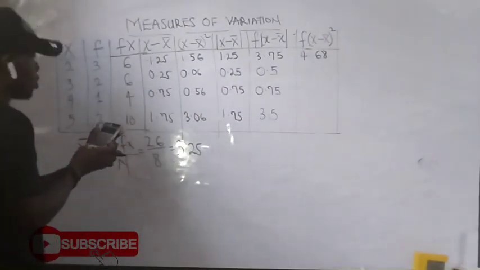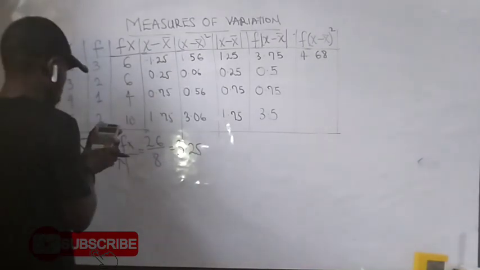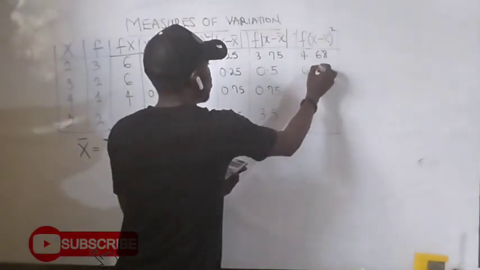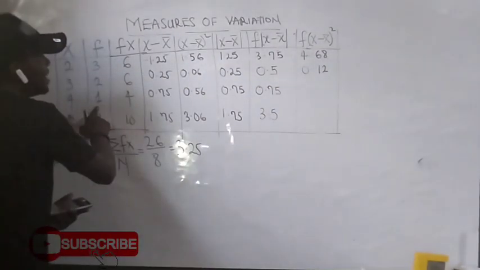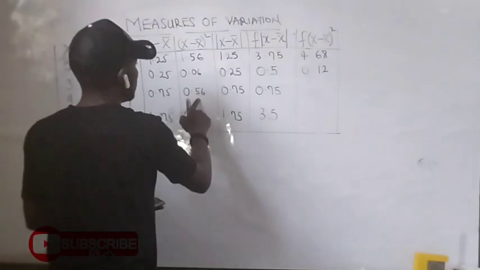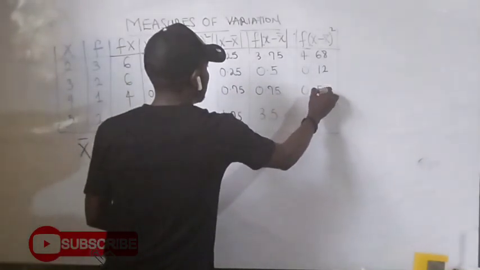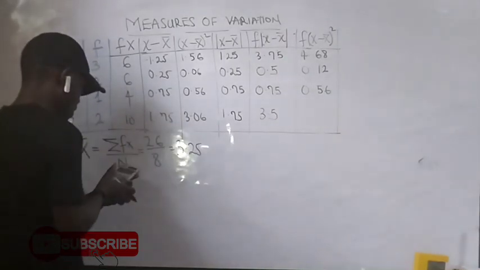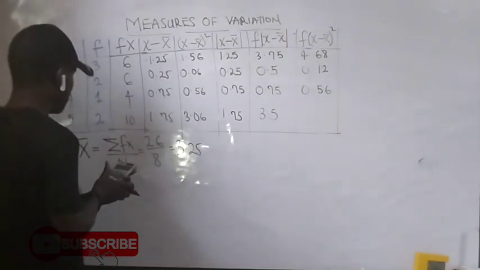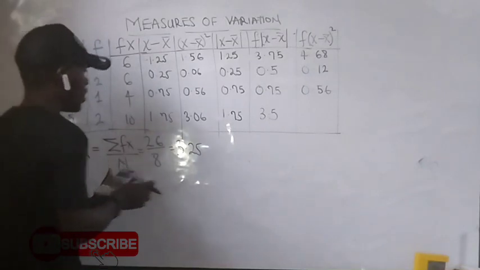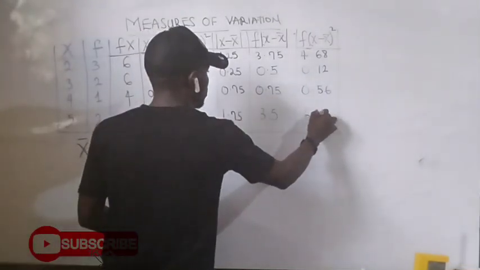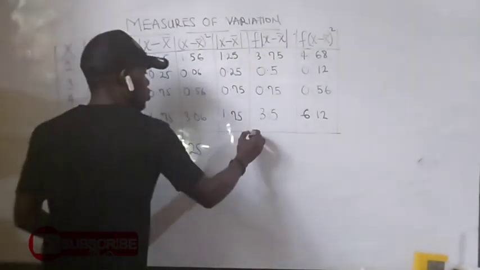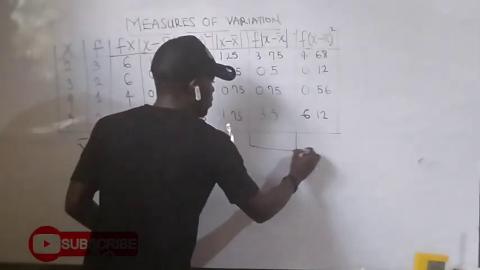Then 2 times 0.06 is 0.12. Then 1 times this gives me 0.562. Then 3.06 times 2 would give me 6.12 as my answer.